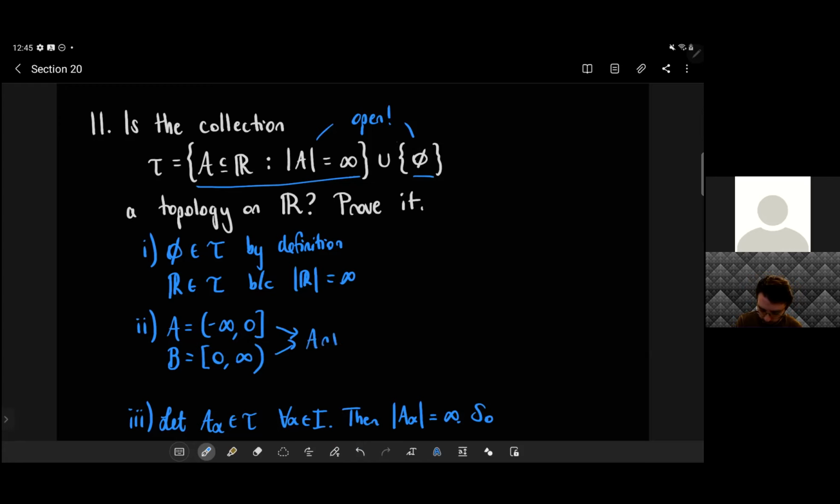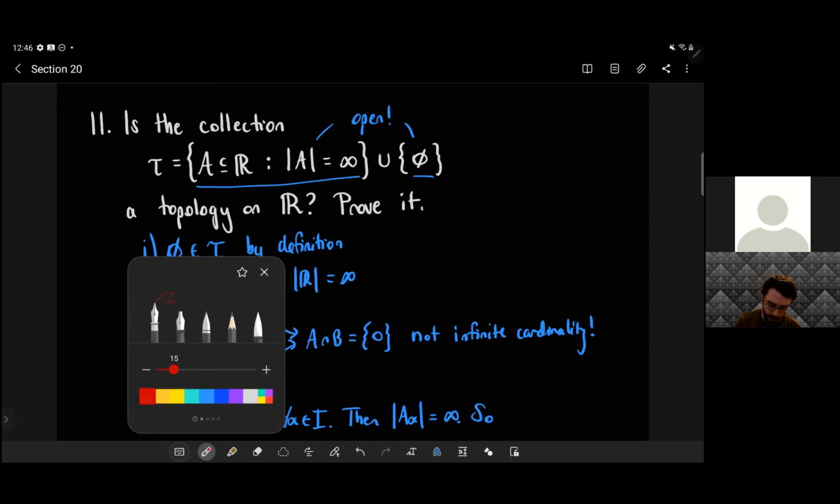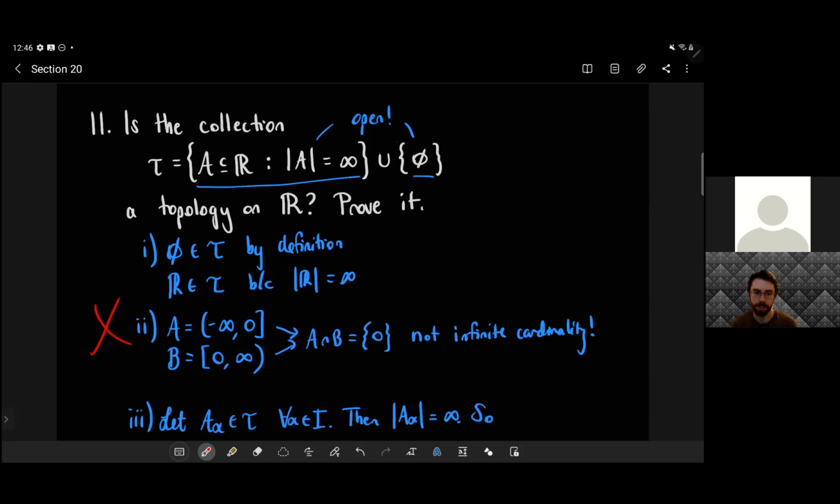But putting them together, their intersection is just 0. It's not infinite cardinality. Okay, so this is an example where the set given is not a topology on the space provided. Because yeah, you can take intersections of infinite sets and get something that's not infinite.